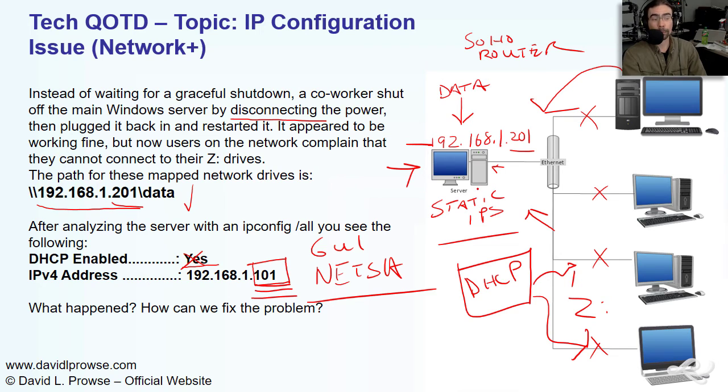But your server normally should have a static IP. Any servers that you have should have static IPs because people often connect in this manner. They connect with a mapped network drive like this to that IP address. If the IP changes, nobody can connect to the share. So that should answer the question for the tech question of the day.